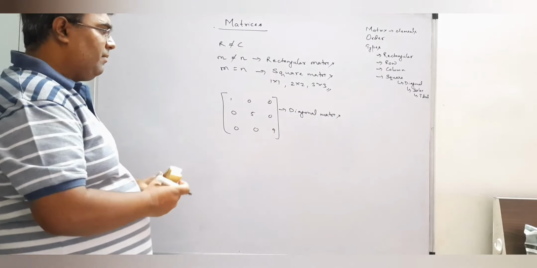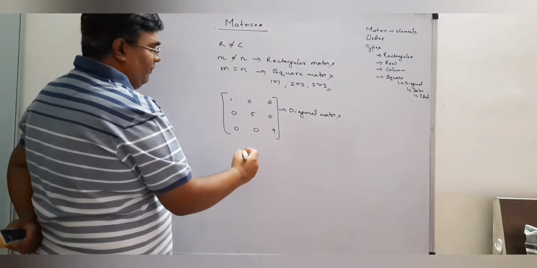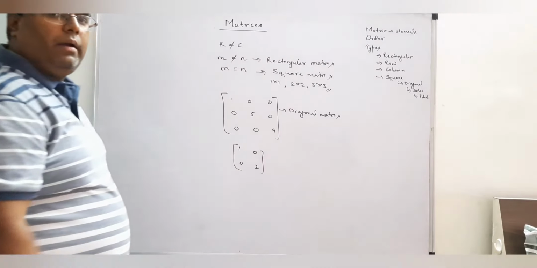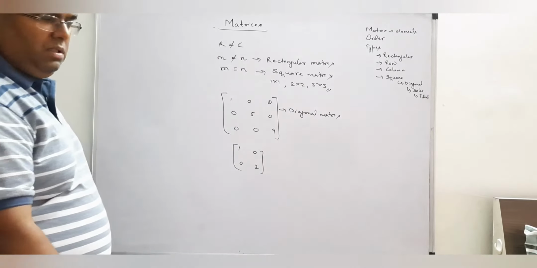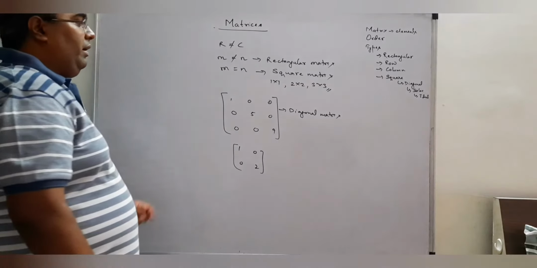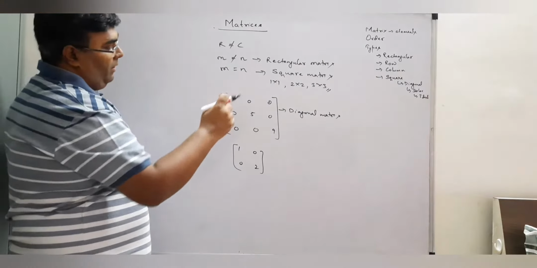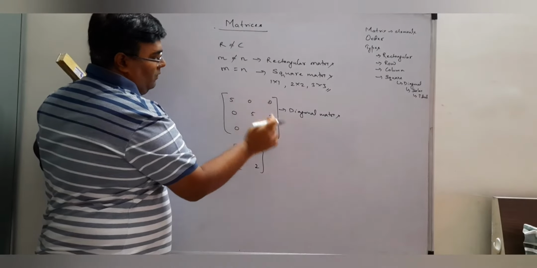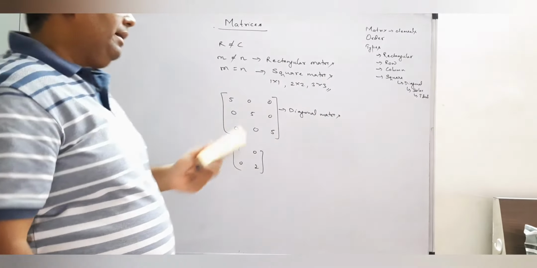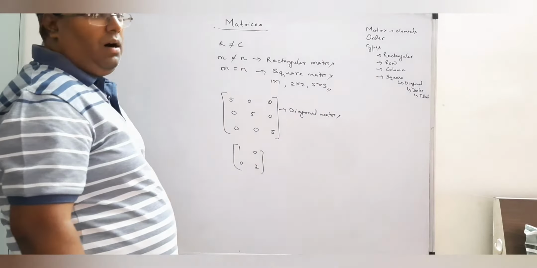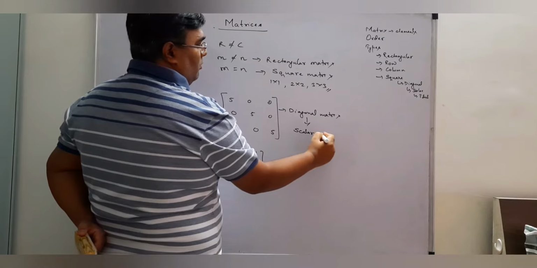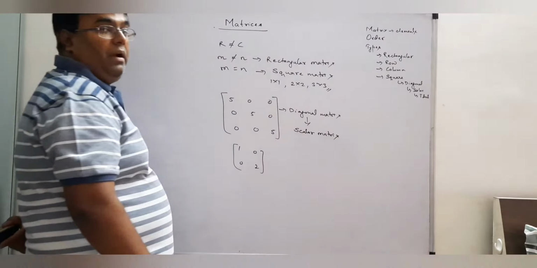Clear? Diagonal matrix. Similarly, in 2 by 2 also we can have a diagonal matrix, where the other elements are 0 and only diagonal elements are there. Now, in a diagonal matrix, if all the elements are the same, then we call it a scalar matrix.